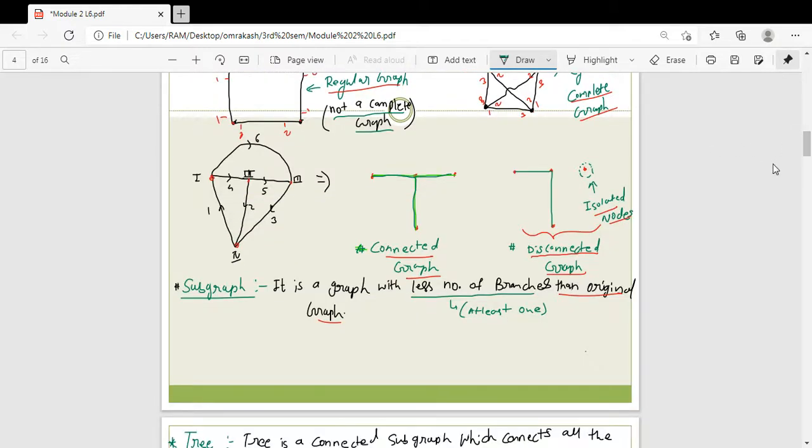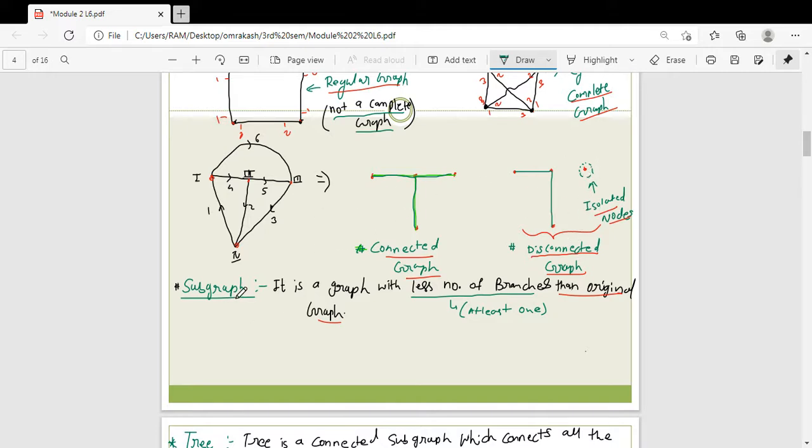So what does connected graph mean? You can identify a connected graph from its nodes. Now see, every node is connected with at least one branch, so we can say that this is a connected graph. If any node is isolated, then this is not a connected graph, this is a disconnected graph, because this node is isolated from this graph.